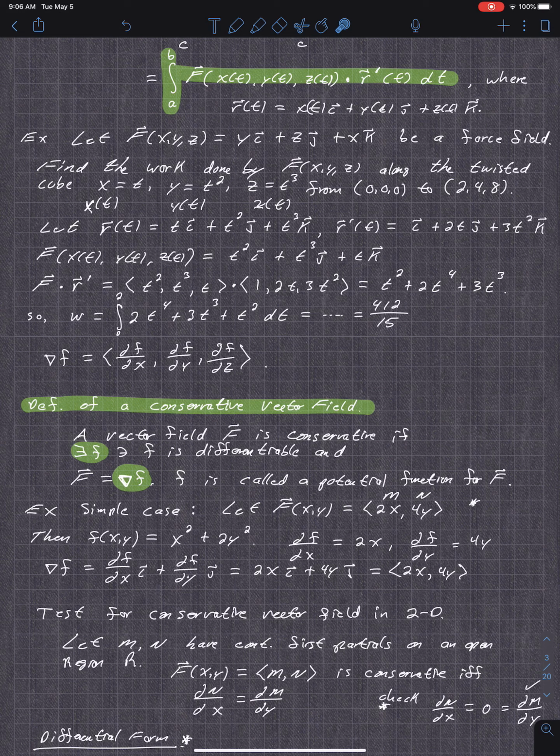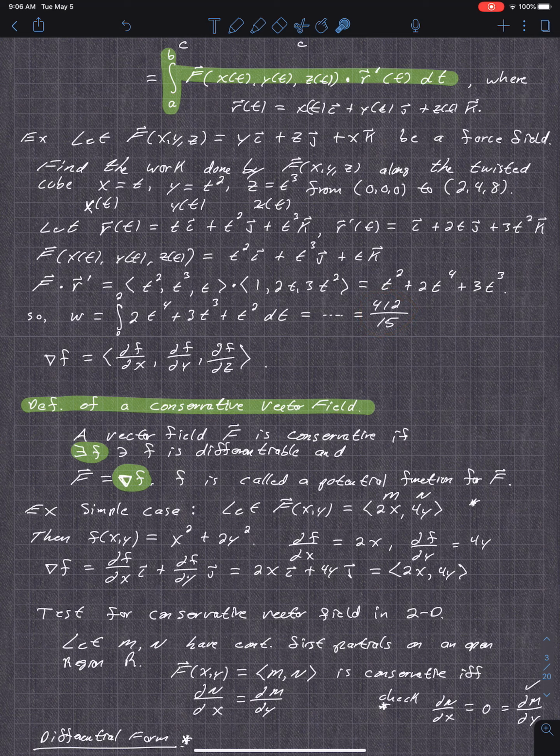I'm just writing it out in this form is all. So now it's in terms of t. Capital F, the force field, is in terms of t. So you can do the dot. So F dot r prime is this. And then you're just going to integrate. Once you have that, it's pretty easy. You just integrate with respect to t. Those are all polynomials in this case, and you get your value.